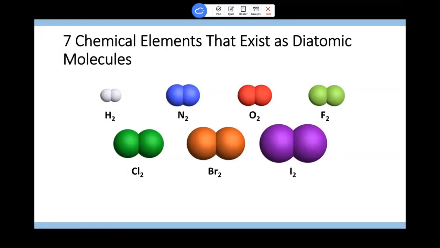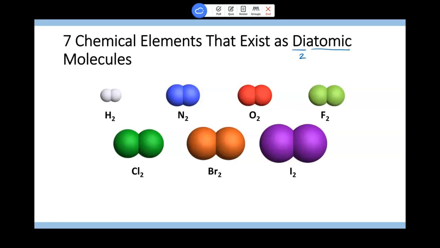We have some elements that exist as diatomic molecules. These are all nonmetals. We have all of the halogens up to iodine, so fluorine, chlorine, bromine, iodine. We have hydrogen, the first element, nitrogen, and oxygen. These exist in nature as diatomics.